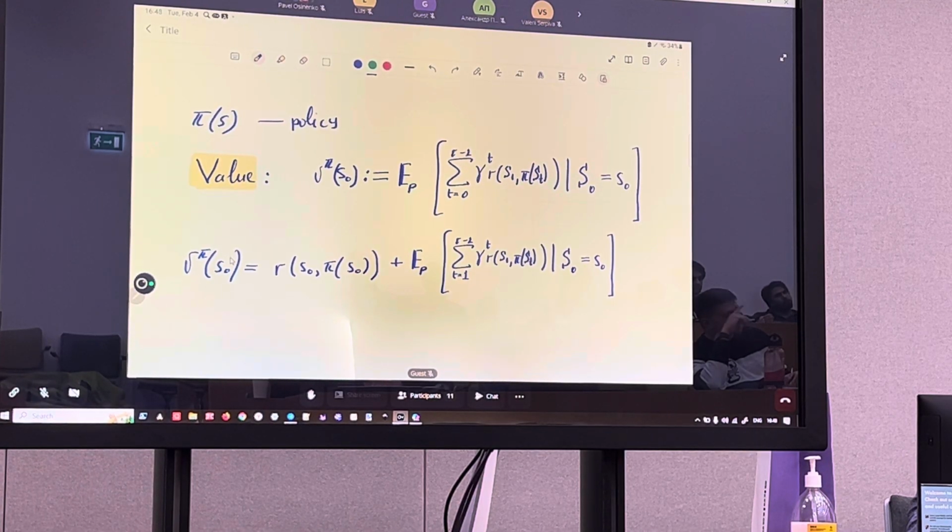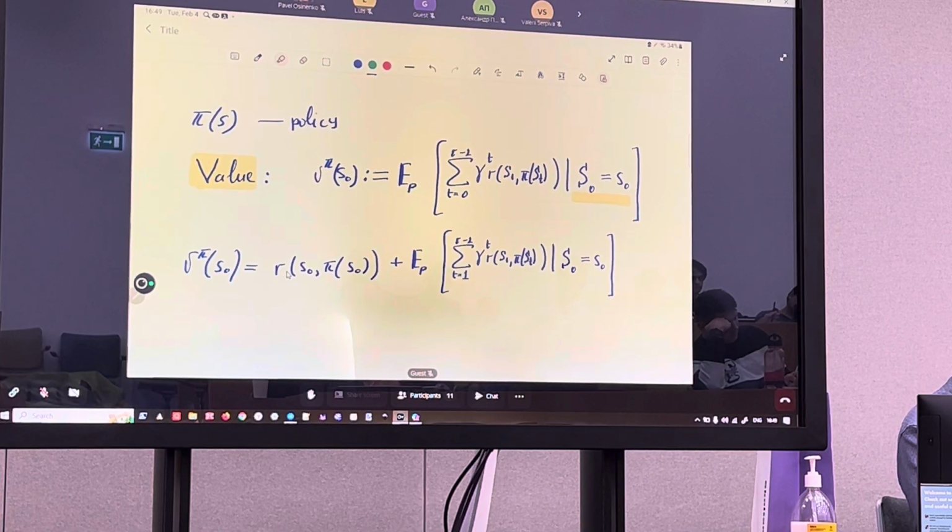Well, now of course, S1. This condition over here was clear, just saying the starting state is definitely small s naught. Definitely.